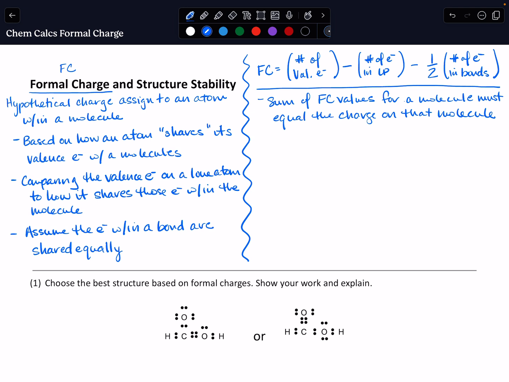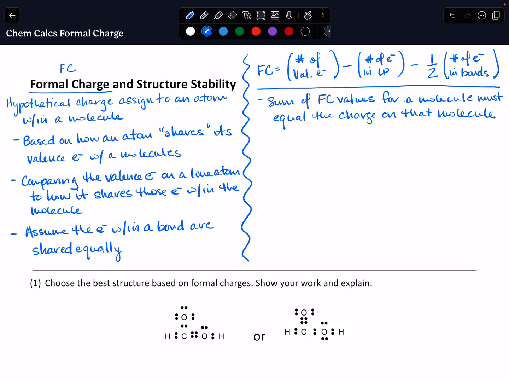So if you have a molecule that's neutral, like carbon dioxide, then when I calculate the formal charge on the 2 oxygens and the carbon, the structure should give me an overall formal charge of 0. If it doesn't, then I have either drawn my structure incorrectly or I have calculated my formal charge values incorrectly.